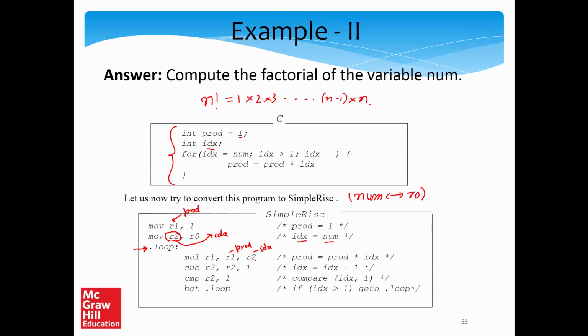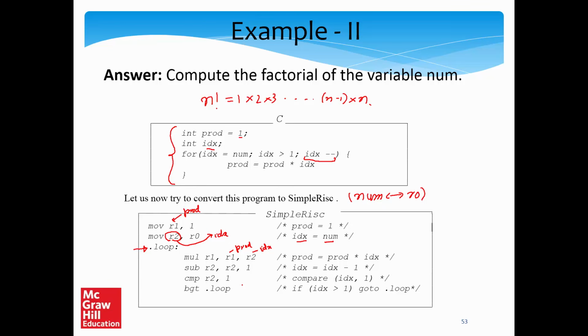Then we subtract 1 from the index, which is essentially this step over here. So idx equals idx minus 1. So when do we actually stop the loop? We stop the loop when the index becomes equal to 1, because there is no point multiplying a number by 1.